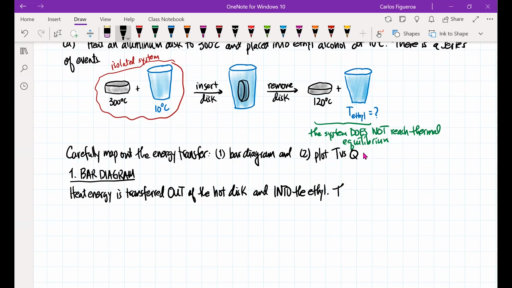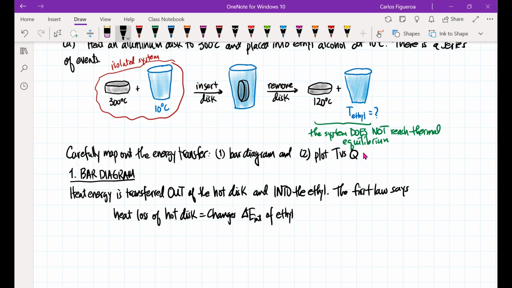Then the first law says that the heat lost of the hot disk changes the internal energy of the ethyl. But when you change the internal energy of the ethyl, there is a temperature change.